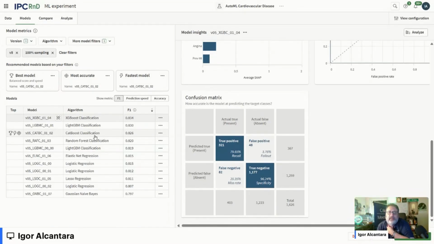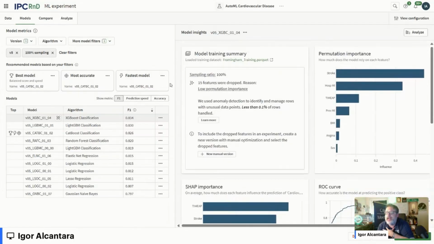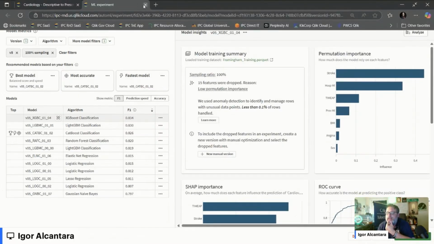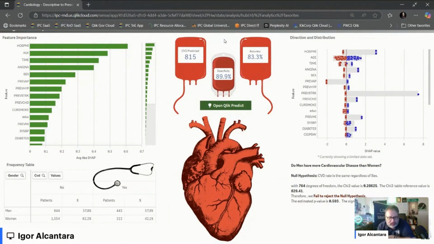I'm sure this will be an amazing model, but I like this better. And then I deploy. That's what this symbol means. That became an asset available in the Qlik Cloud, and I can consume it. So pretty good, not bad. And you have all of the tools here. This is not a Qlik Predict specific demo, so let me close this and go back here.